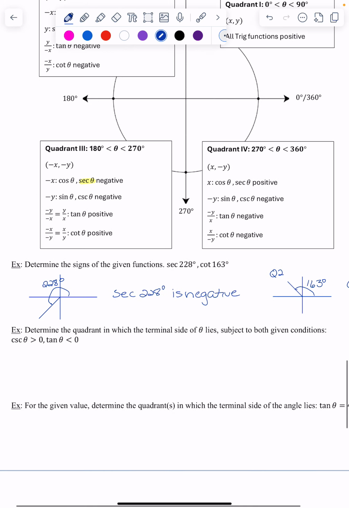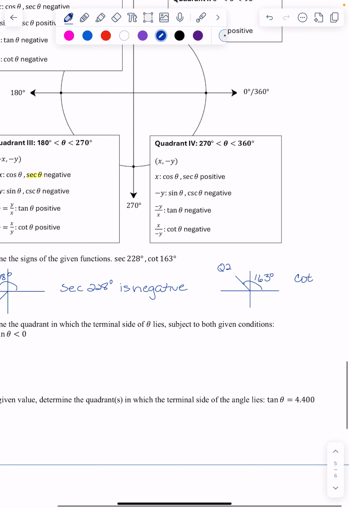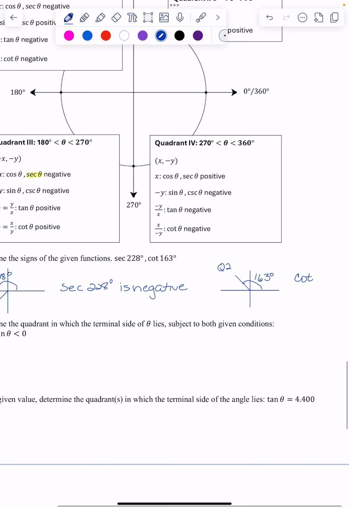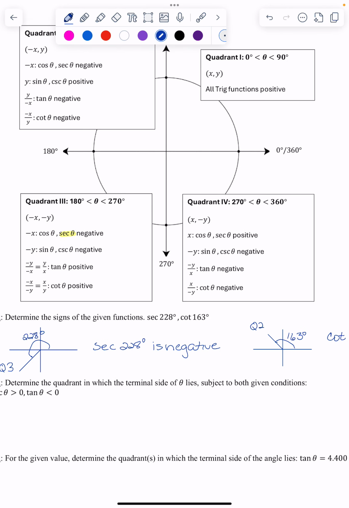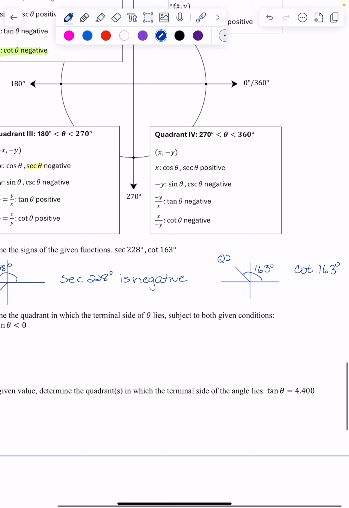The last one, by the way, put me into Q3. For cotangent of 163 degrees, if we look at Q2, we can see that cotangent is negative, so cotangent of 163 is negative, all right.